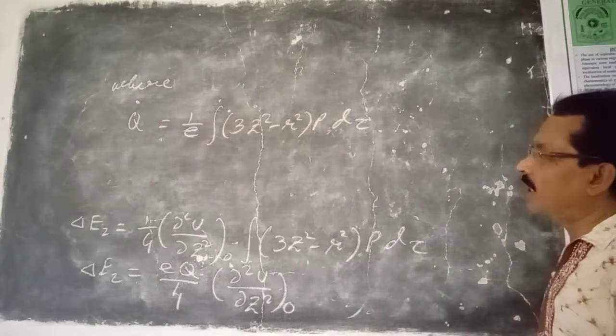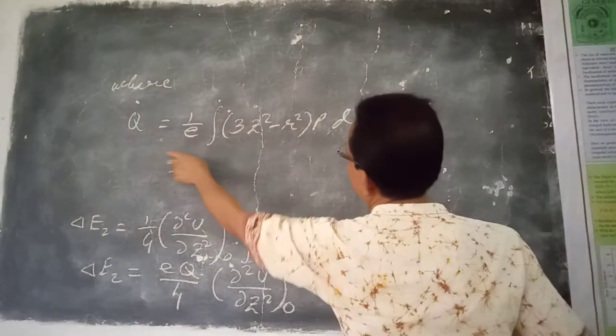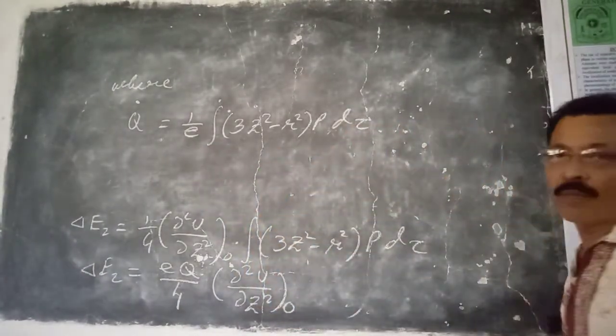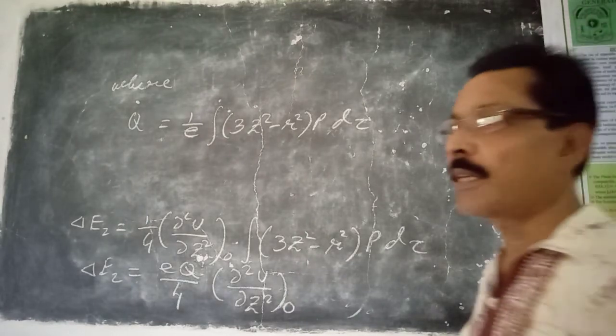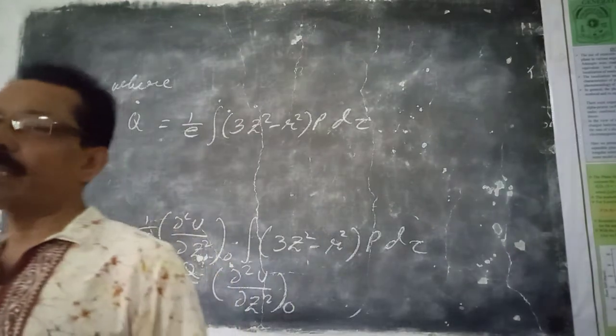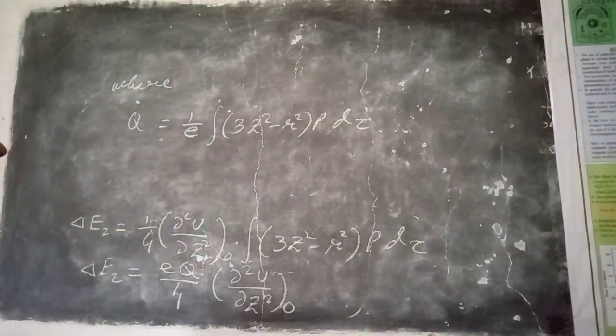So in that case you get Q equal to 0. So if a nucleus is spherical in nature, that means its charge distribution has spherical symmetry, then its quadrupole moment will be equal to 0.